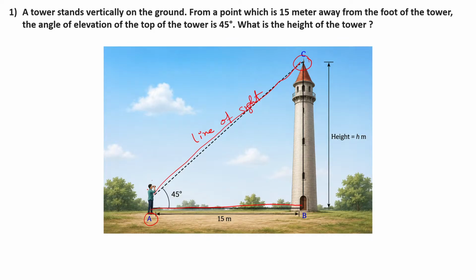Now since the observer is raising his head to observe the top of the tower, hence the angle formed between the line of sight and the horizontal is called angle of elevation. I hope you understood now very clearly. The observer is raising his head to observe the target. Hence, the angle formed between the line of sight and the horizontal is said to be angle of elevation. All right.